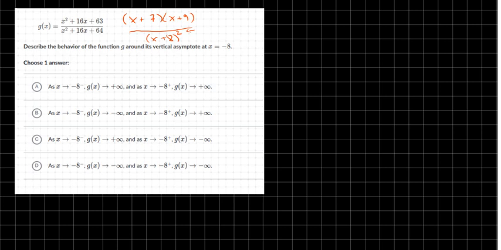So let's see, I have negative 8, and that's going to be where my asymptote is. And I've got negative 7 and negative 9. So I want to choose some values in here. I'm going to choose negative 8.5 and negative 7.5.